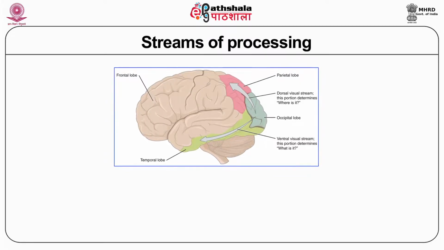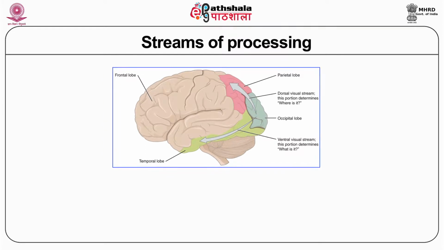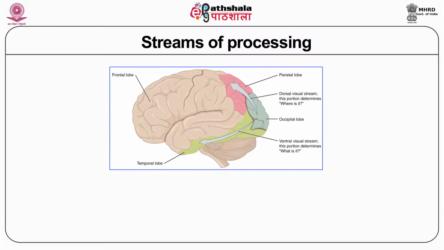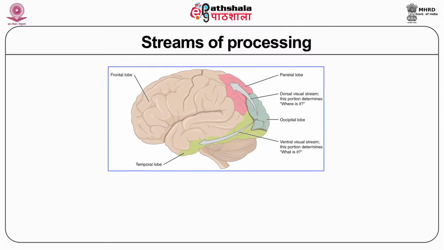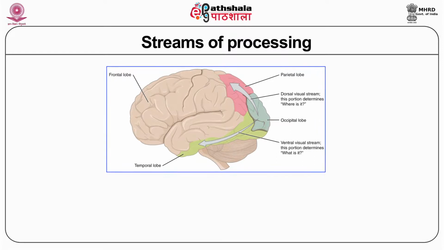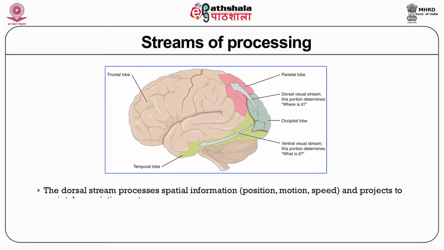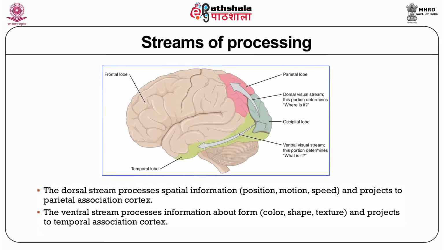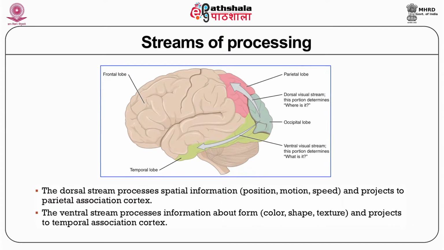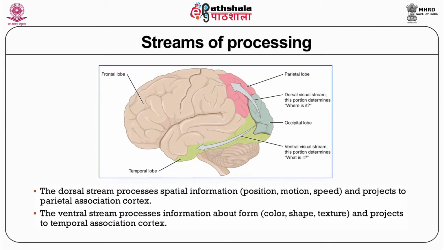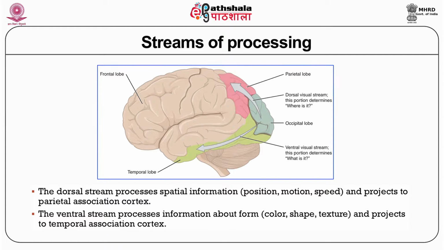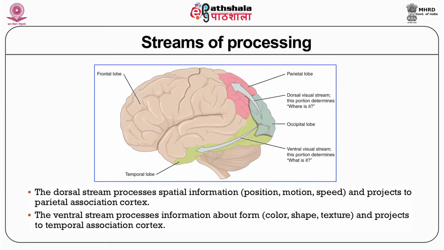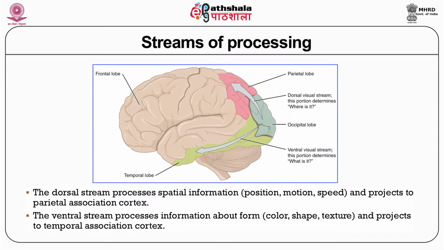If you look at this diagram of the visual system, two parallel pathways terminate in different higher order areas of cortex, the dorsal stream and the ventral stream. The dorsal stream processes spatial information in terms of position, motion and speed, and projects to the parietal association cortex, whereas the ventral stream processes information about form, color, shape and texture, and projects onto the temporal association cortices.